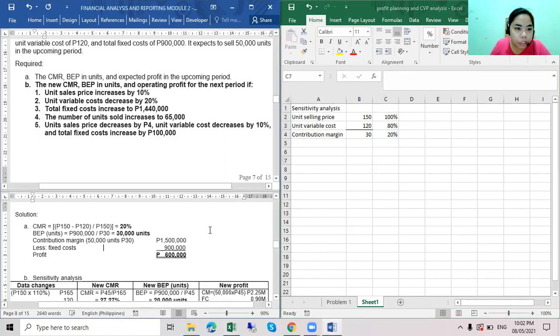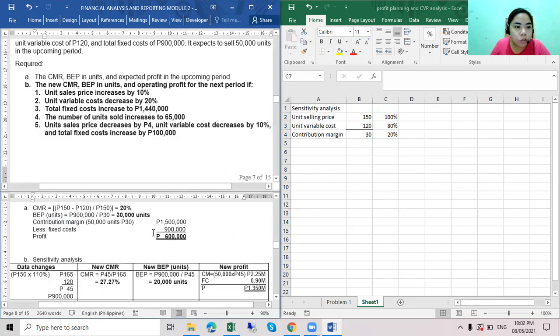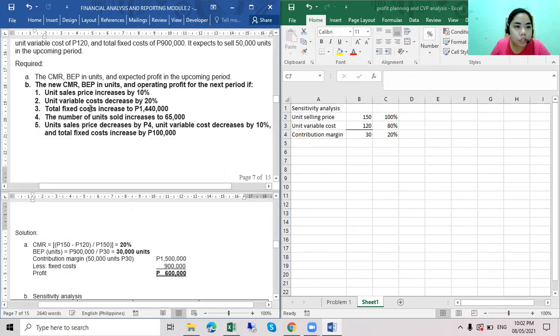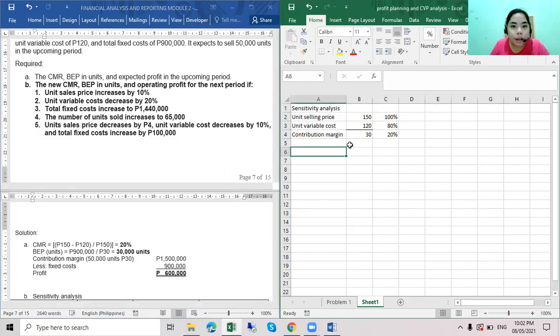So the question is, if we expect 50,000 units to be sold in the upcoming period. So next is unit sales price increases by 10%. So I have to copy this. This is scenario number 1.